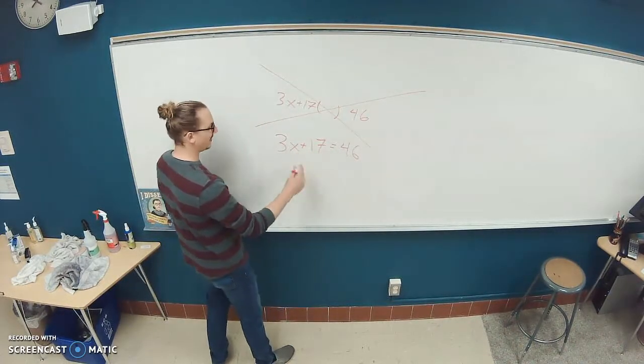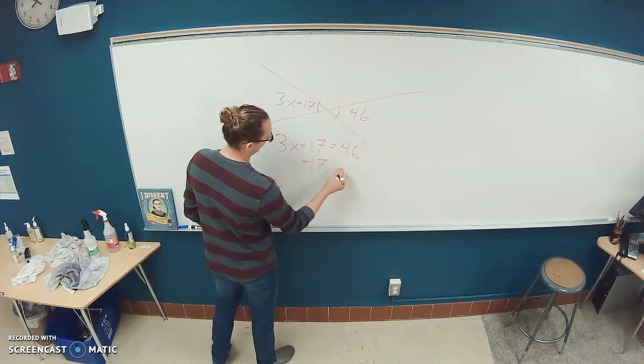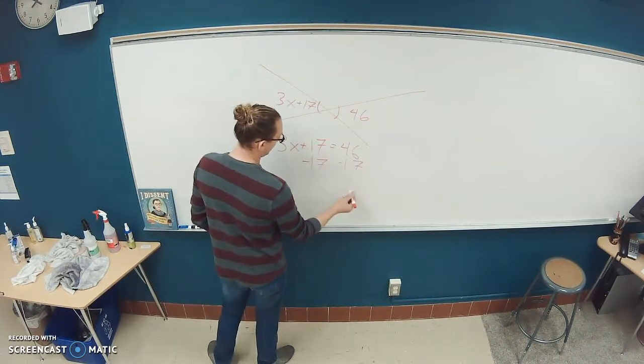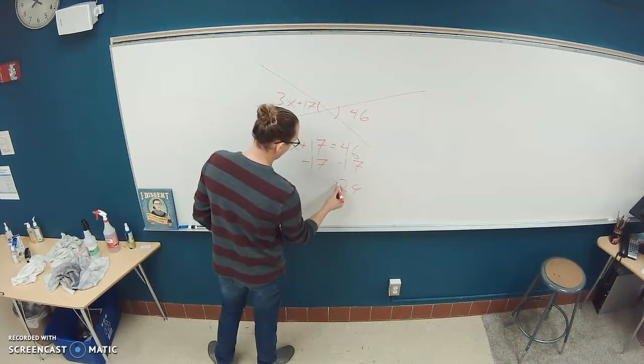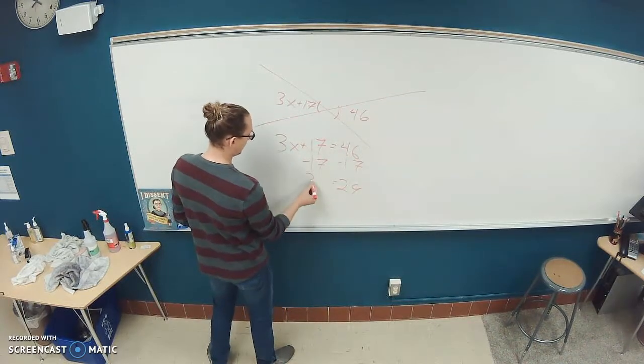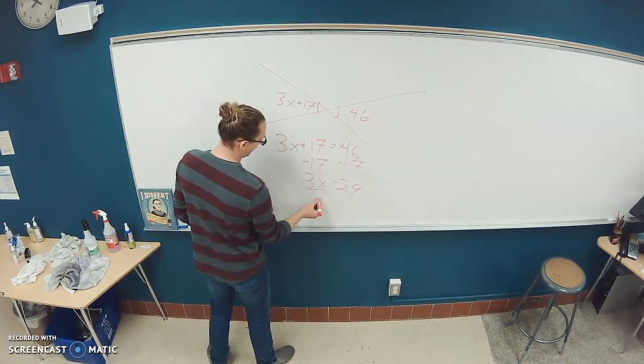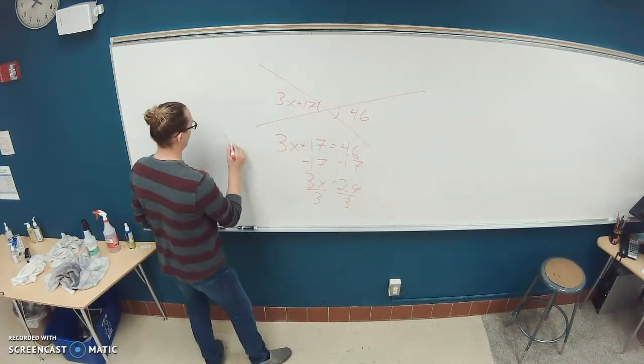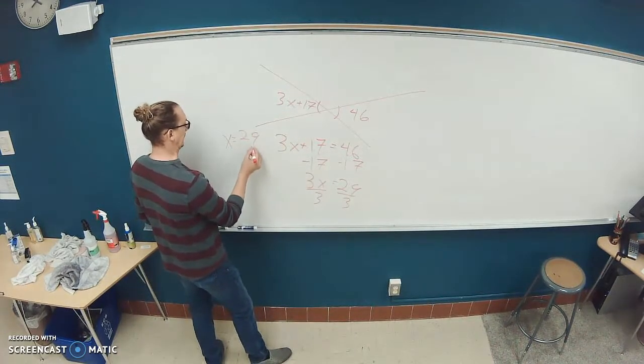We need to get this x by itself, so we'll subtract 17. We look at 29 equals 3x. We'll divide both sides by 3. And x will equal, I made a bad problem.